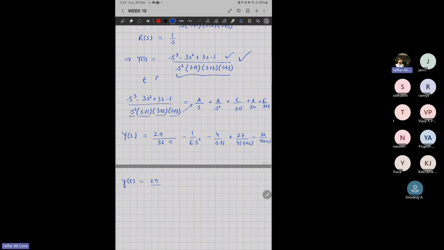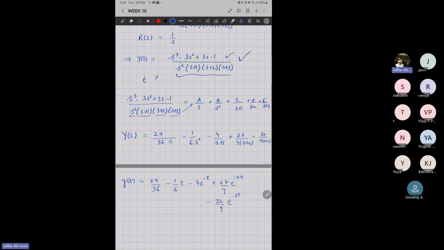You will get 29 over 36 minus 1 over 6 t minus 4 e raised to the power minus t plus 27 by 4 e raised to the power minus 2t minus 32 over 9 e raised to the power minus 3t.